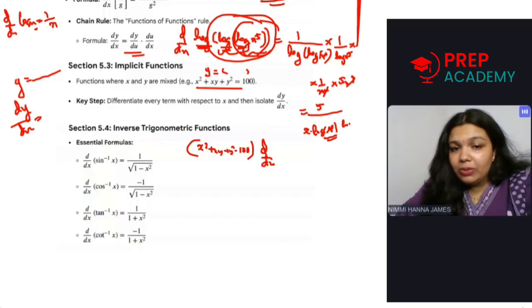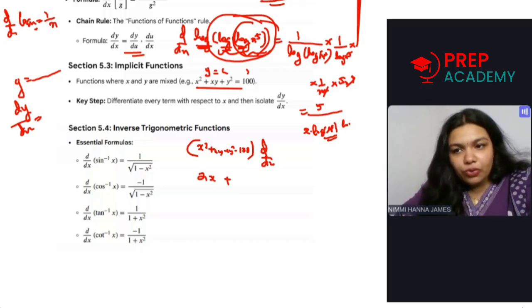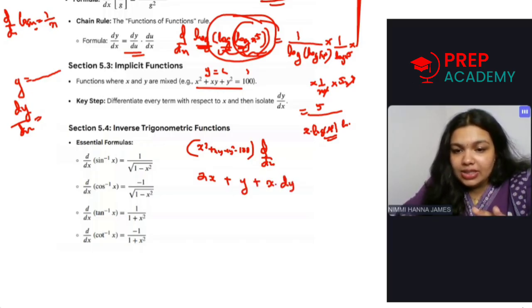So for x square we get 2x, plus, for xy we have to use the product rule, because x is a function and y is a function, so it is a product of two functions. The differential of x is 1 and y is kept there, plus we keep x and the differential of y is dy by dx, plus y square.